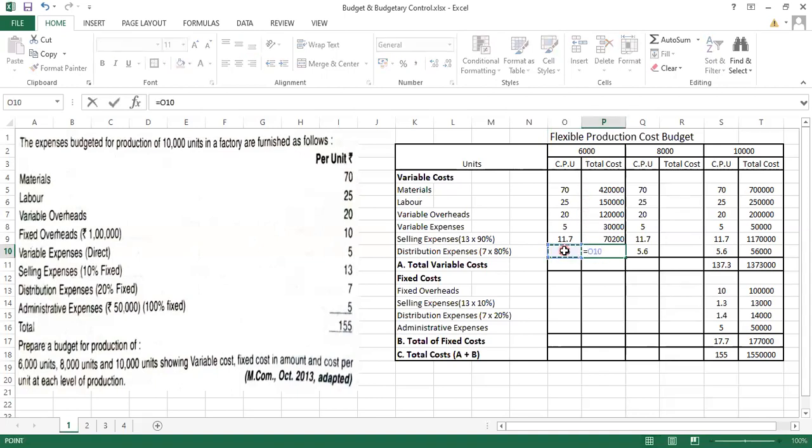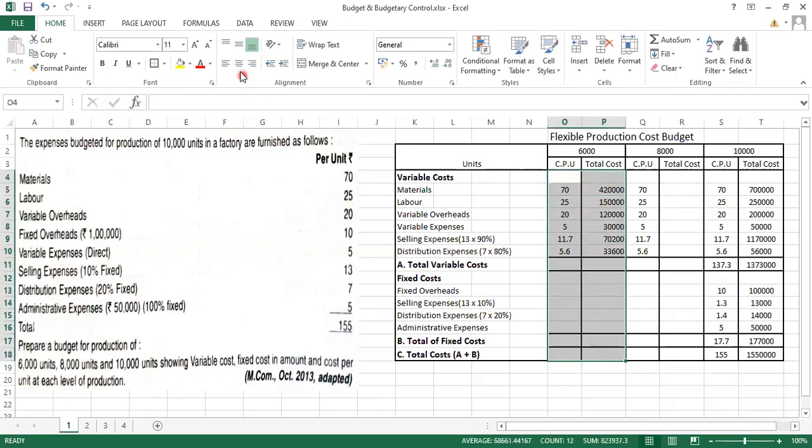And 5.6 into 6,000. This will be 33,600.